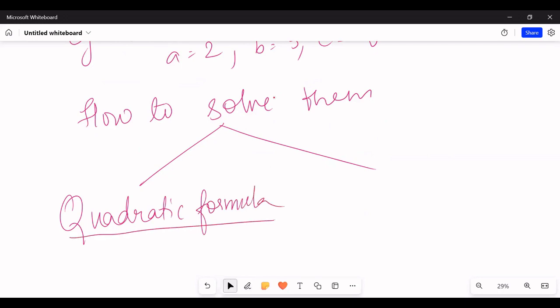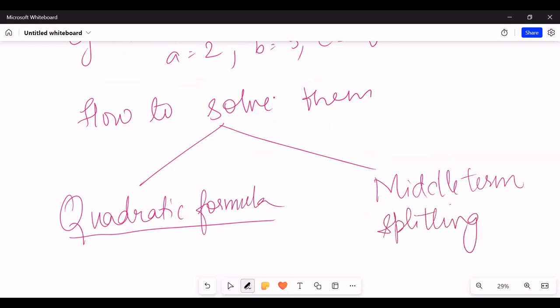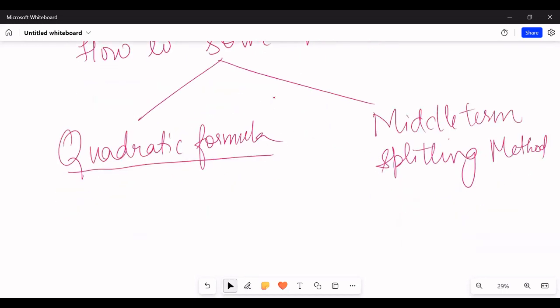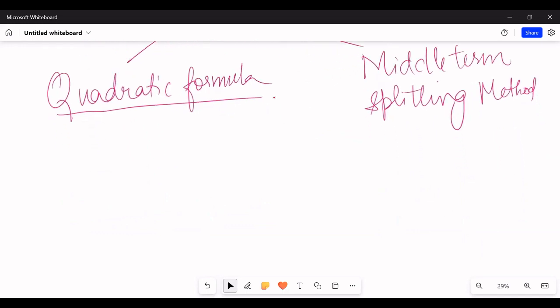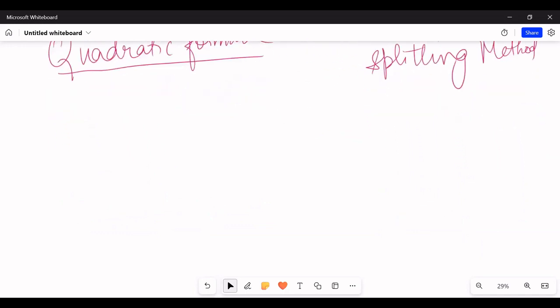In my next video, we will be talking about the second method, that is the middle term splitting method. So please be ready to watch my next video. So we are starting with the quadratic formula.